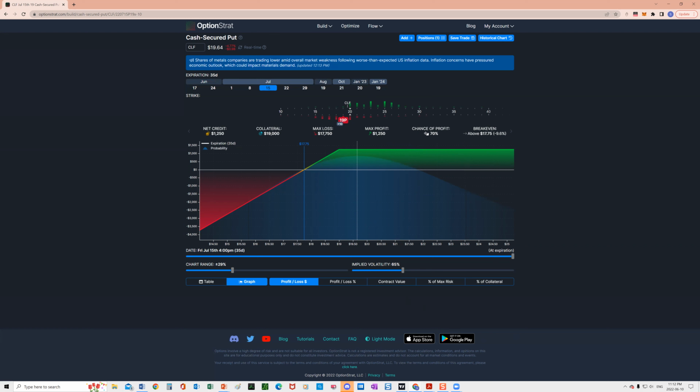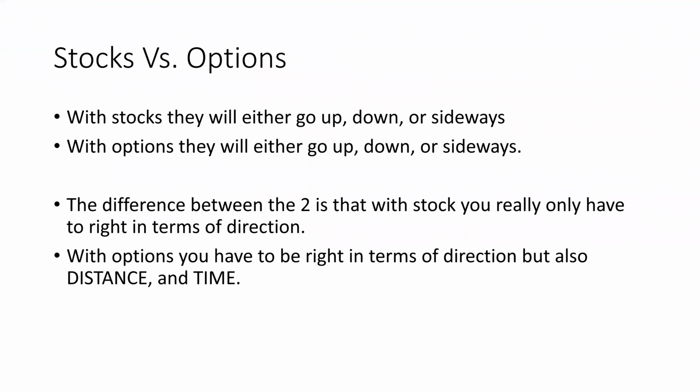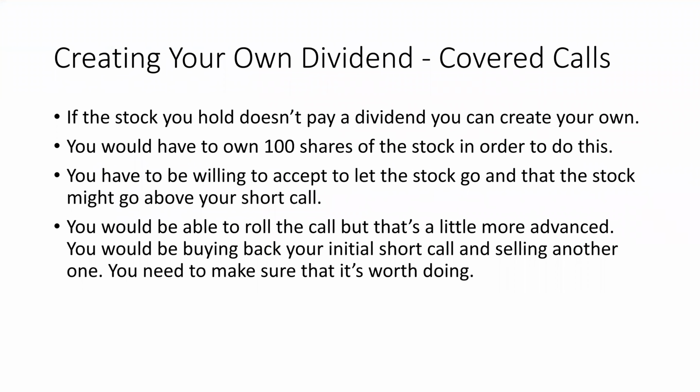The next idea, and I've already covered this here, is a covered call, okay? So you bought a stock that you wanted. Now, maybe your stock doesn't pay you a dividend, you can actually create your own dividend.